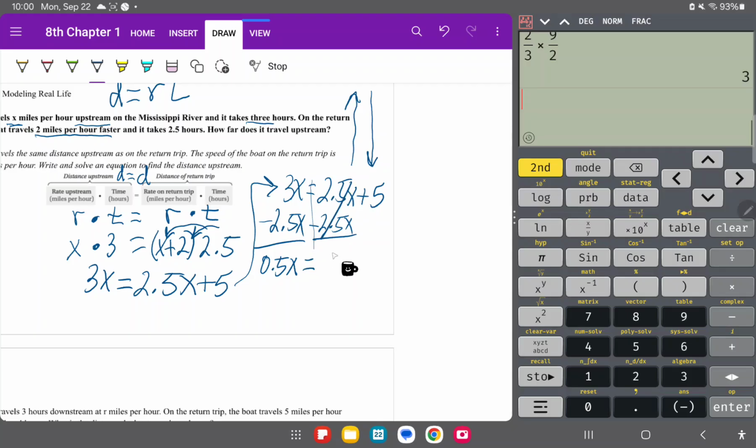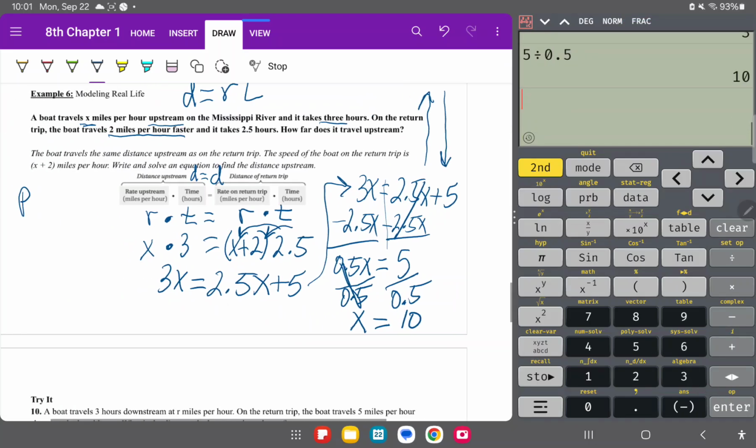That cancels out. 5. Now we're ready to divide. Divide by 0.5. So this is going to cancel out and leave you with x. Then 5 divided by 0.5, that is going to be 10.